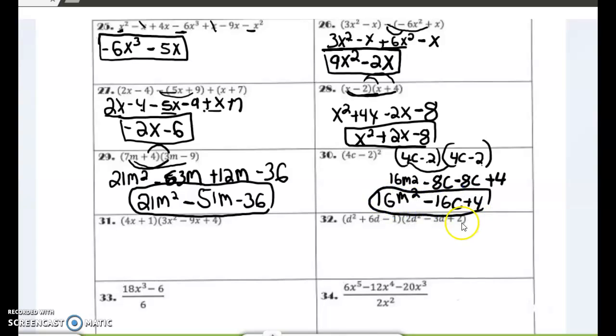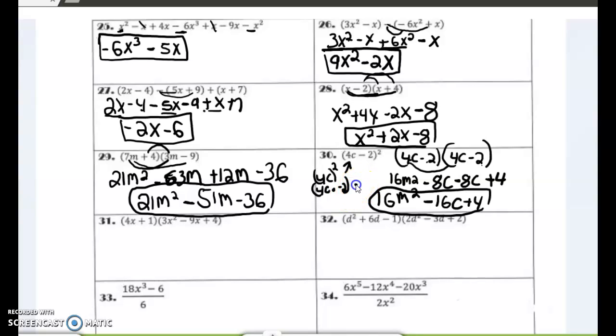Now, here's the shortcut. You take 4c and you square it, which gives me the first term, 16c squared. To get the middle term, I take 4c times negative 2, and I double it.